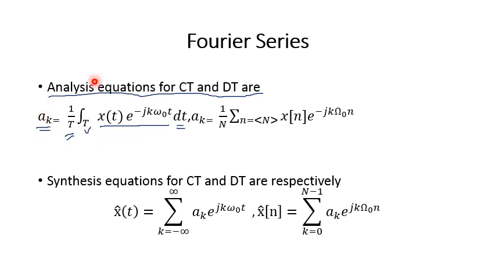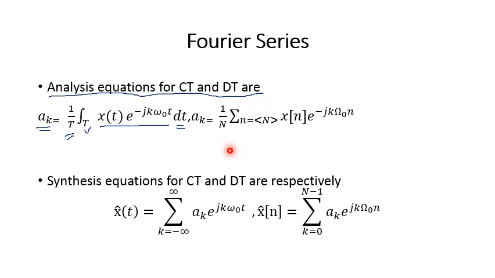We have studied that a signal can be discrete or continuous, and the other classification was periodic and aperiodic. So both continuous and discrete signals can be periodic or aperiodic. We use the Fourier series, or this analysis equation, only for the continuous time periodic signal, and this one for the discrete time periodic signal.